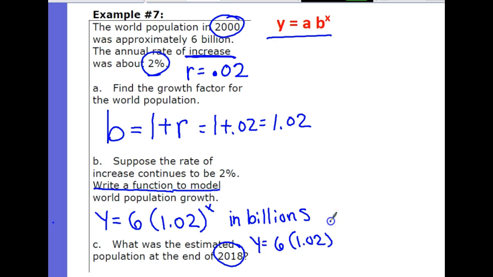So we would raise this to the 18th power. And that's what you would put in your calculator, 6 times 1.02 raised to the 18th power. You better sit up. So, what number is that?